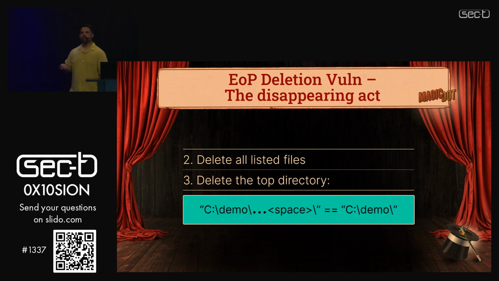Then when File Explorer finishes listing and deleting all the files inside, it finally deletes the parent directory. But the parent directory is triple dot space, right? So deleting C demo triple dot space is equal to deleting C demo because the entire last path element is removed.